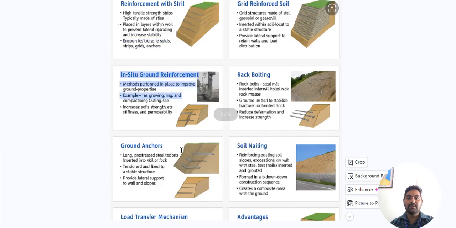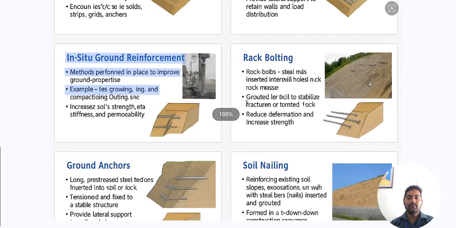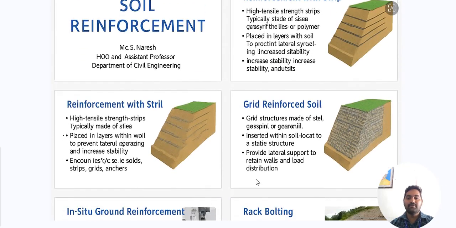So the first one here is reinforcement with a strip. This is a cross section of the ground. Generally, whenever the ground is weak in nature, at that moment we are going to place the strips. That means first we need to excavate the soil up to the depth of the foundation level.